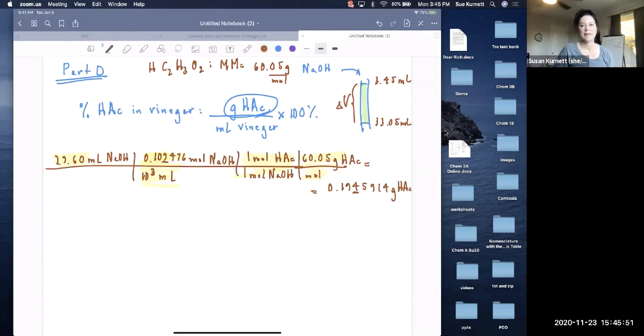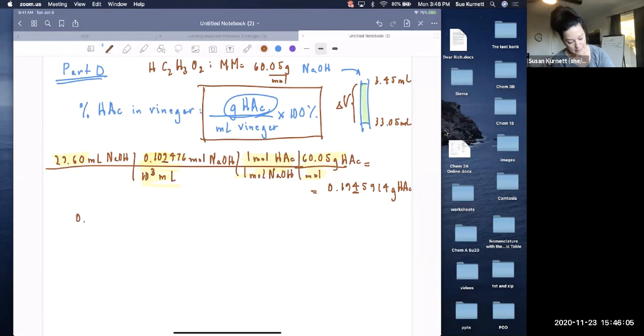No. What we found is grams of acetic acid, and what we're looking for is percent in vinegar. And so we need to do this and then take care of the dilution that we did. So I'm going to take those grams of acetic acid, complete units, underline, keep track of my sig figs, and divide by the milliliters of vinegar, but it was the diluted vinegar.